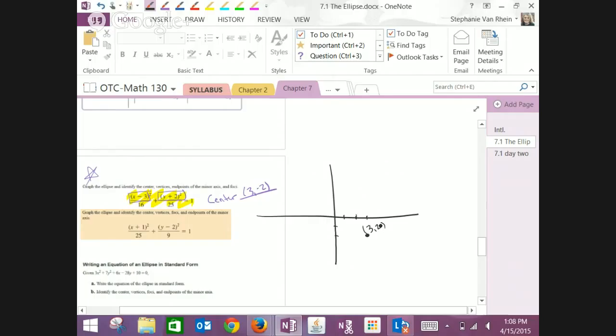Which is my major axis? Y. So that tells me I'm going to go up B units and down B units, right? So X is not changing.